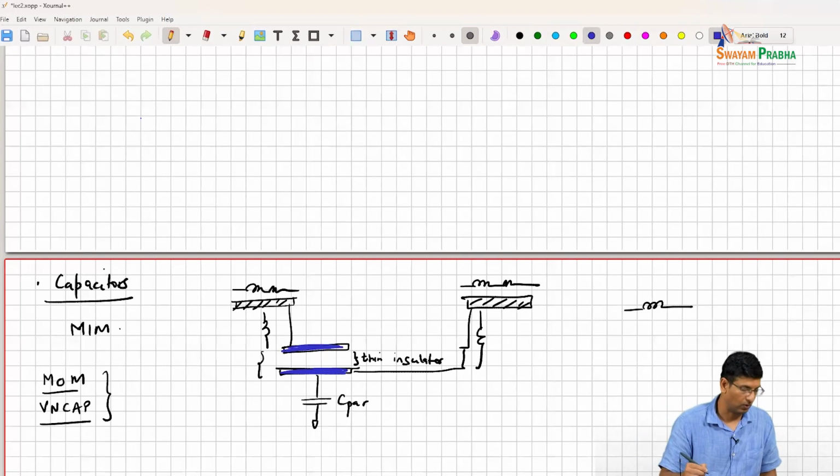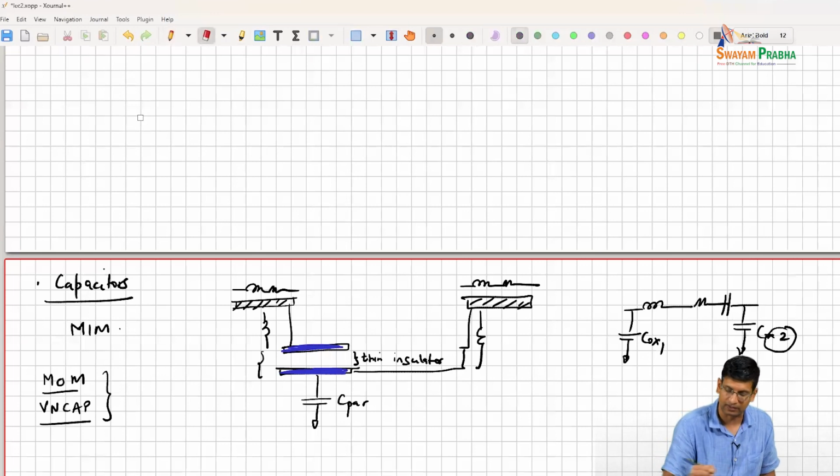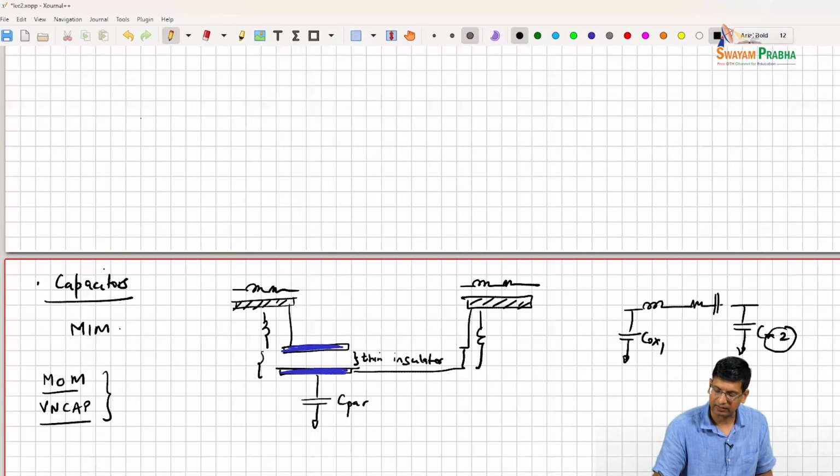So you have to model this device with L, R, C, and then the C outside. I should call these 1 and 2 because they are not symmetric. Effectively you have a parasitic capacitance at the bottom plate of the capacitor, and inductances and resistances in series.